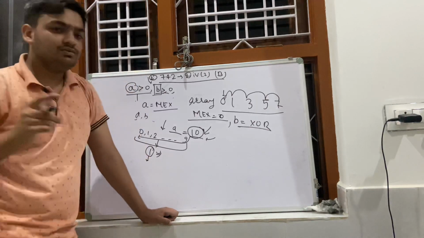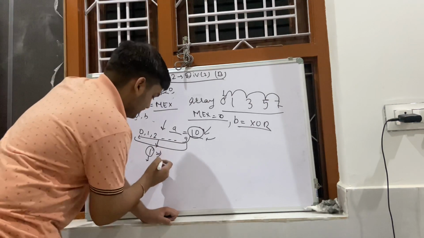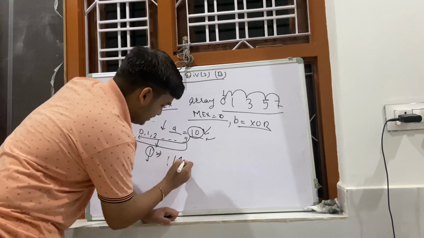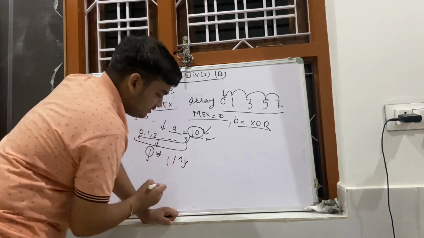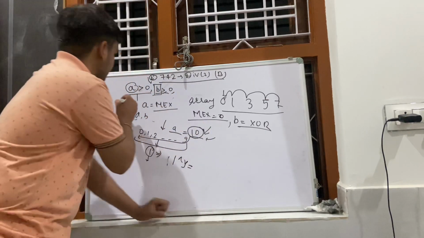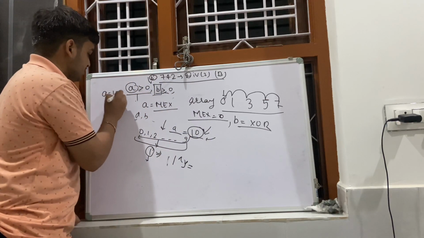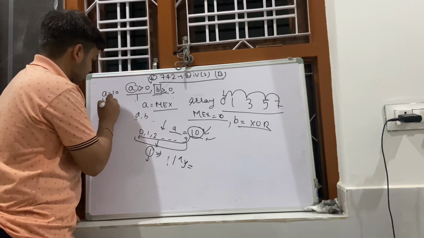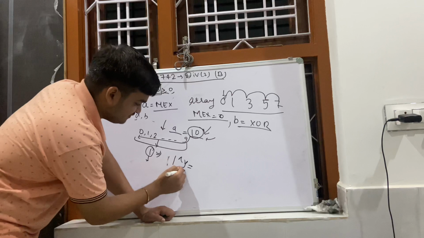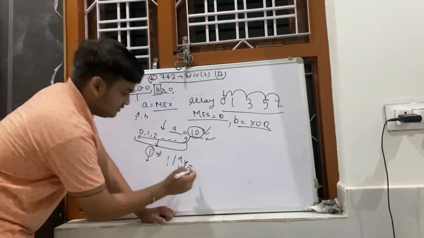The XOR of all these elements came out to be 1. So I need to include some element, let's say y, such that if a is 10 and b equals 10, including y will give me the b value of 10.